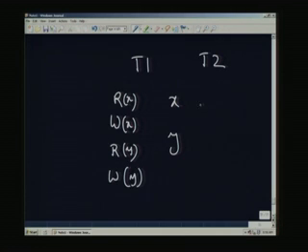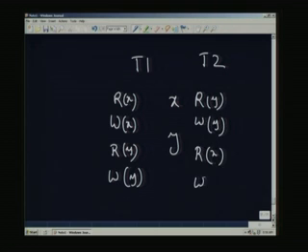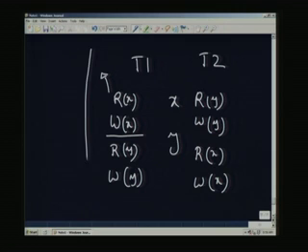Now, let us say T2 does exactly the other way of reading y, writing y, and then reading x and then writing x. Now, it is possible that when the transaction has actually modified the value of x, you can still allow this transaction to read a pre value, which means that it still has not written the value of its modification onto the database.